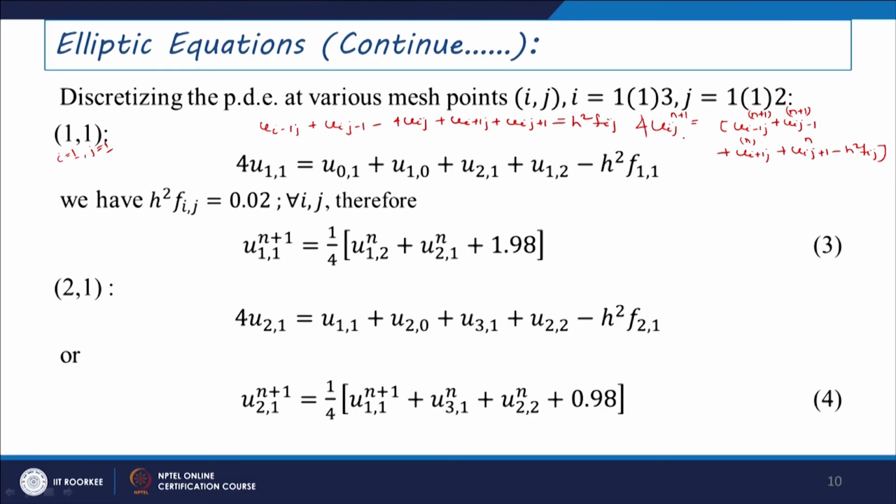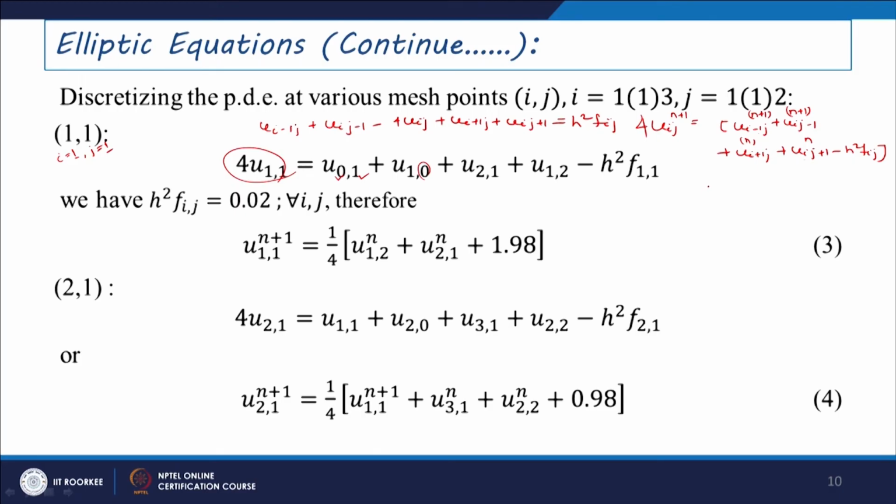And since i equals 1 and j equals 1, for 4 u11, i minus 1 means 1 minus 1, which is 0, so u01; j minus 1 takes the value 0, then u21 since 1 plus 1 is 2, and u12 since j plus 1 is 2, minus h² f11.